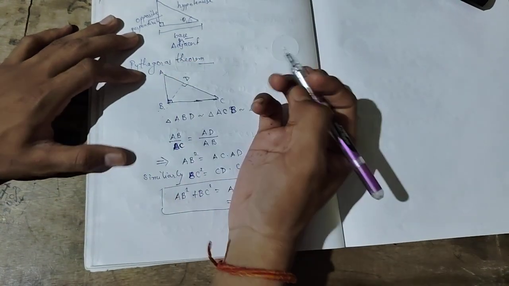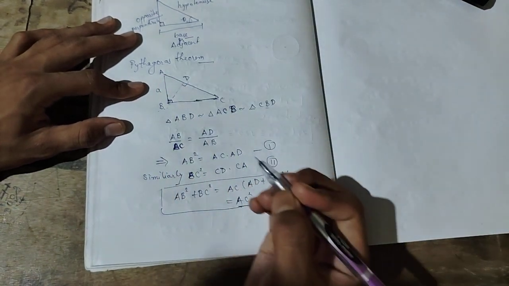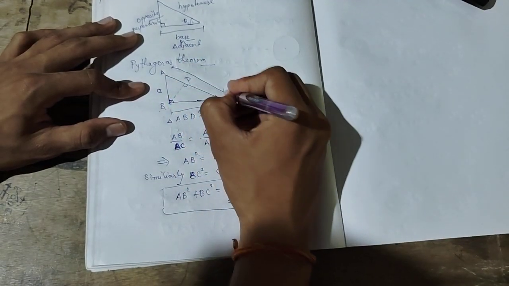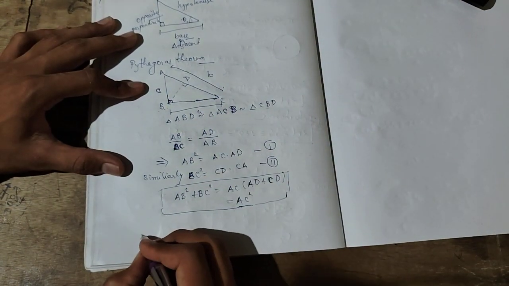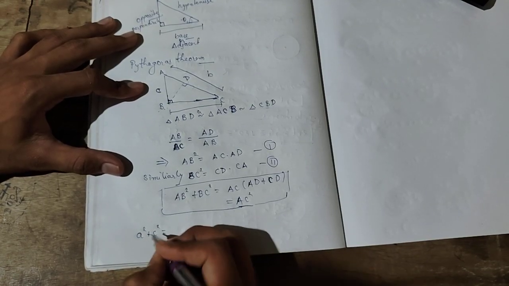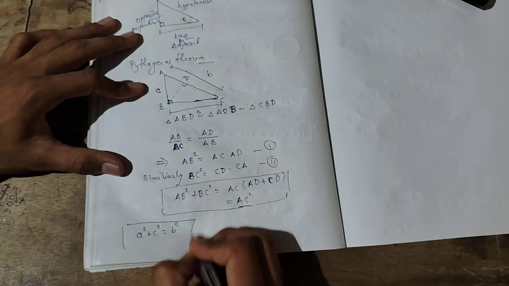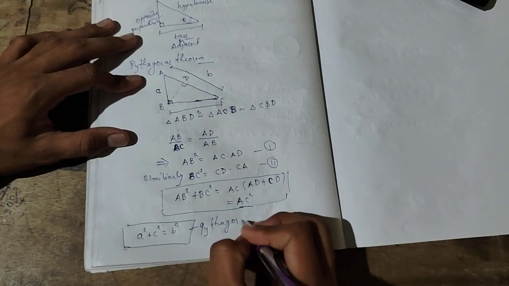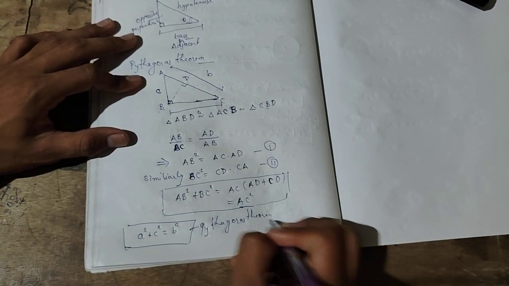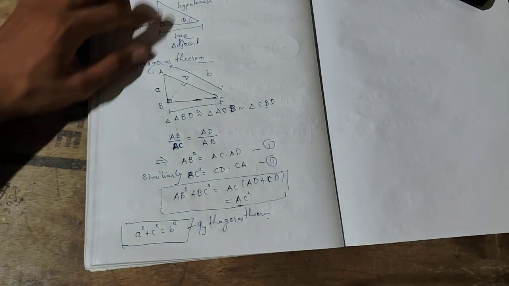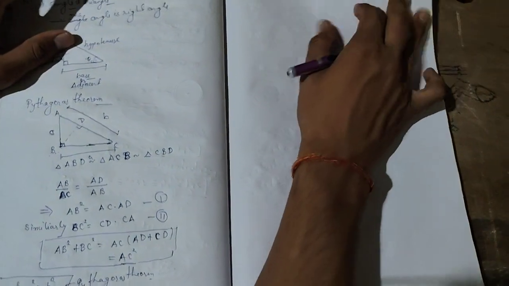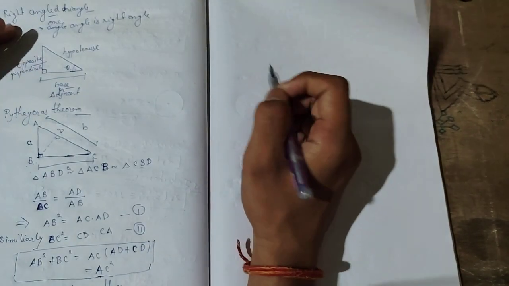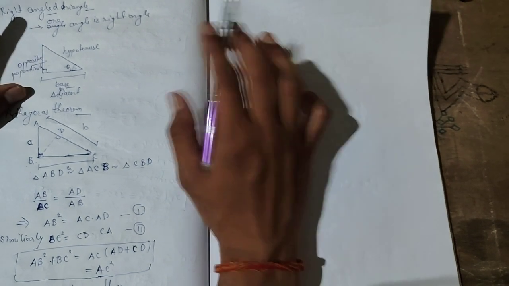I have a triangle, let's call the sides A, C, and that is B. So A square plus C square is equal to B square, and that is the Pythagoras theorem. That's all we need to understand about the right angle triangle.